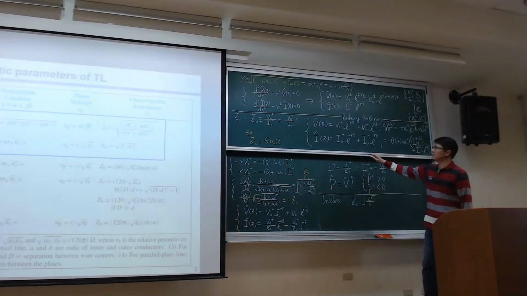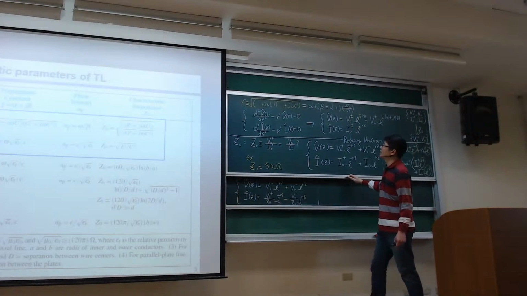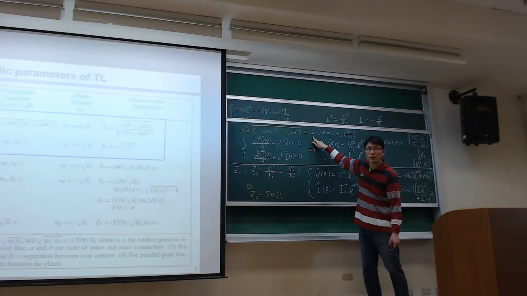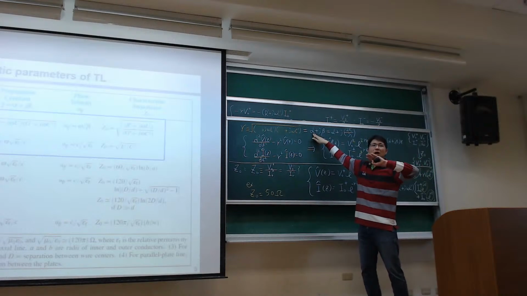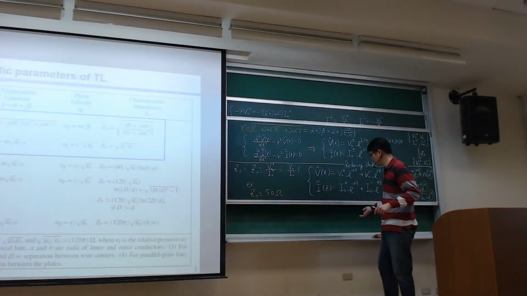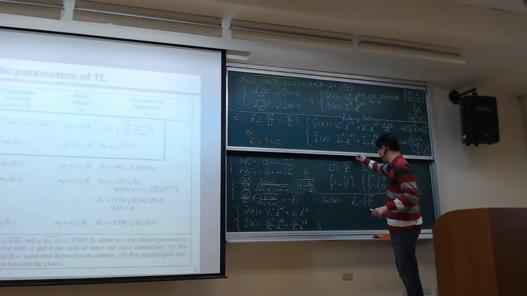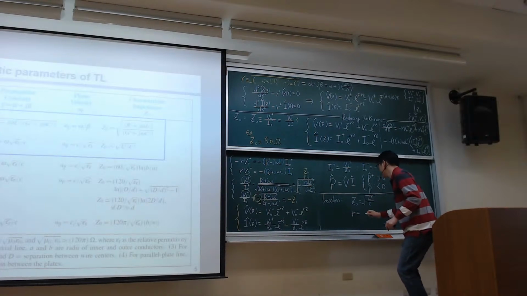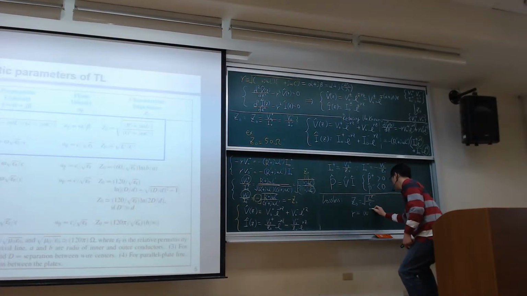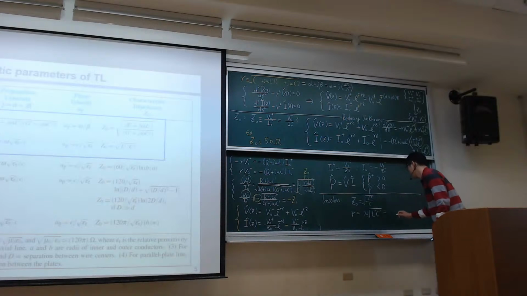Gamma. Gamma, by definition, there's no alpha. Right? There's no alpha. Alpha means loss. Now we're talking about the lossless transmission line. This has to be 0. Gamma is now omega L prime C prime. This is beta.